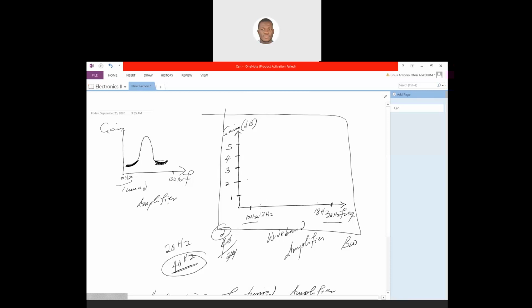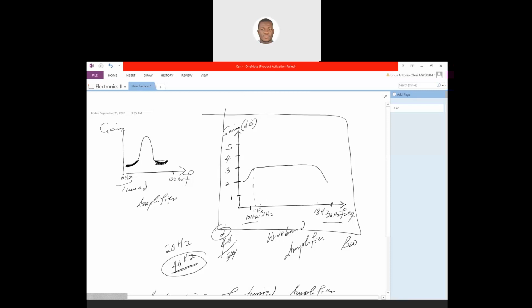For the wideband, the gain, even though it may rise from a certain value, could rise to say 3 and then remain constant till a certain frequency.